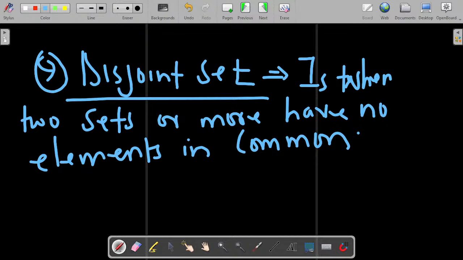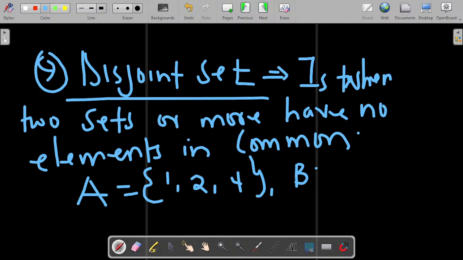So if set A, for instance, is 1, 2, 4, and set B is given to us as 3 and 5, do they have anything in common? They don't have anything in common. So that's what I mean by disjoint sets.